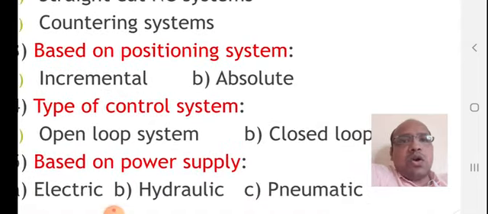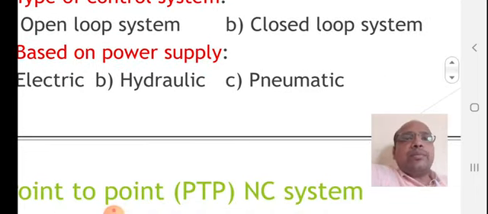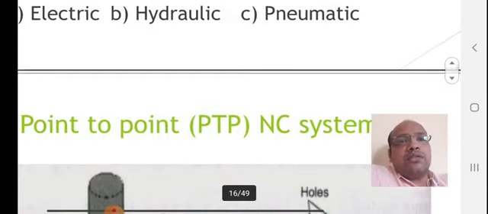Next, based on positioning system: incremental NC system and absolute NC system. Then on the basis of control system: open loop and closed loop control system. And the next depends on power supply: electric, hydraulic or pneumatic power supply. Let us understand these types one by one.